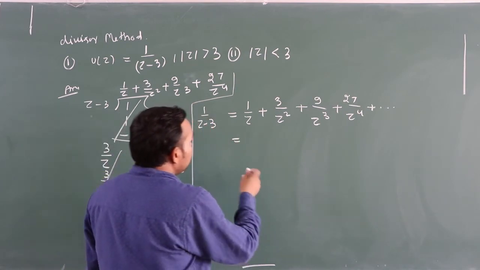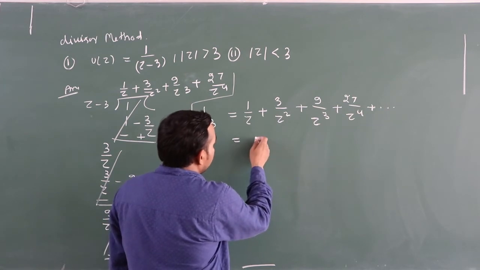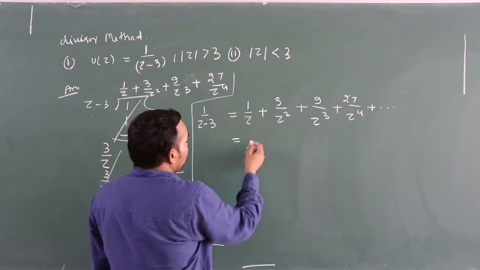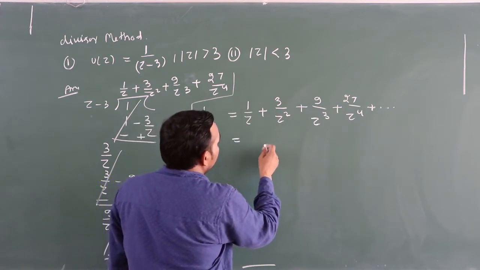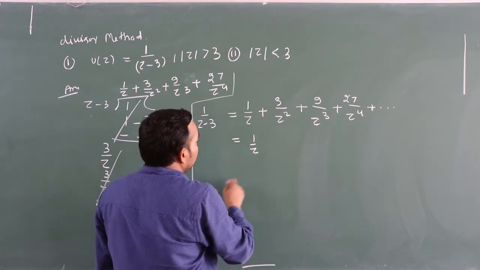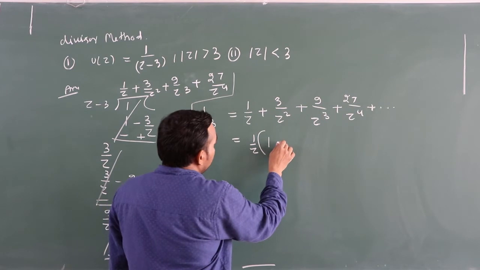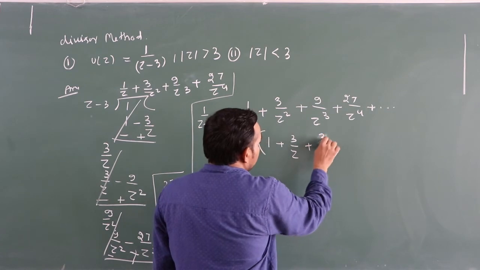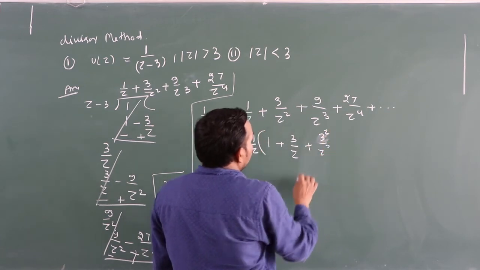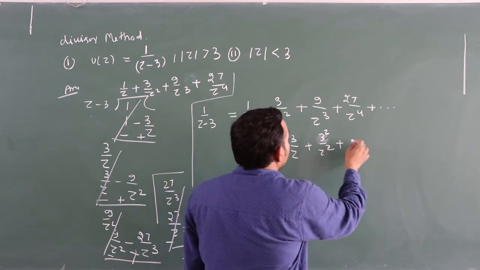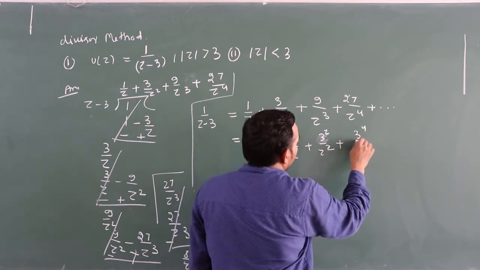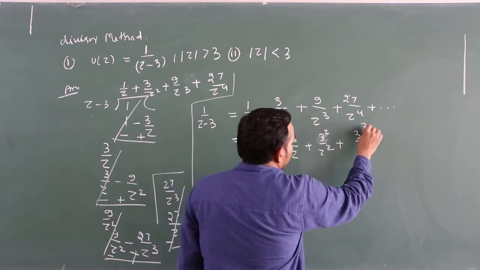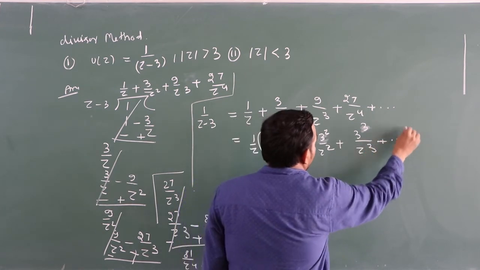In terms of a sequence, we can write: you see 3 upon Z square and 9 upon Z cube. If you take 1 upon Z as common, we get 1 plus 3 upon Z plus 3 square upon Z square plus 3 cube upon Z cube.